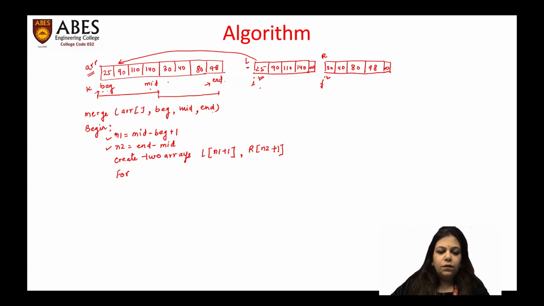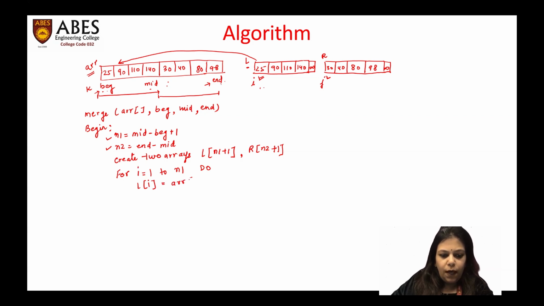First of all, we will store the values from beginning to mid inside L and from mid plus 1 to N inside R. So for this, we will put a loop for I equals 1 to N1 do L of I equals ARR of beginning plus I minus 1.